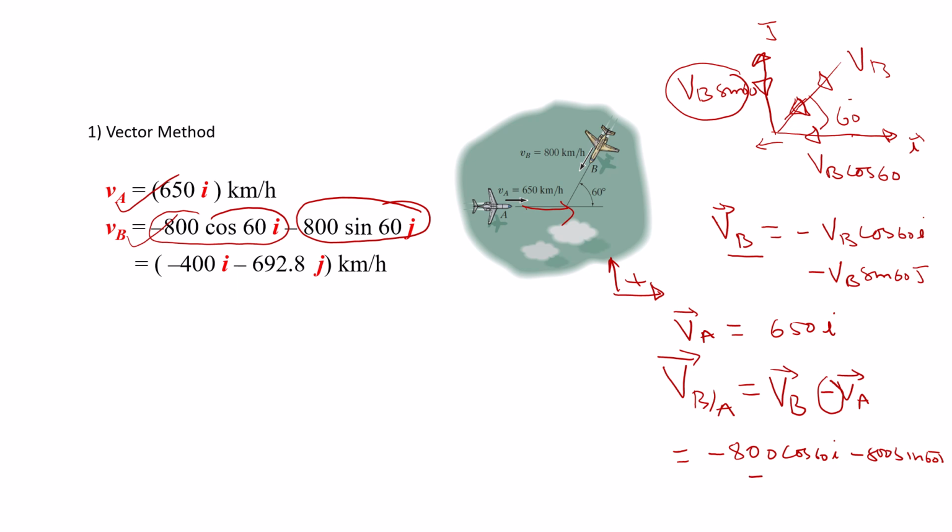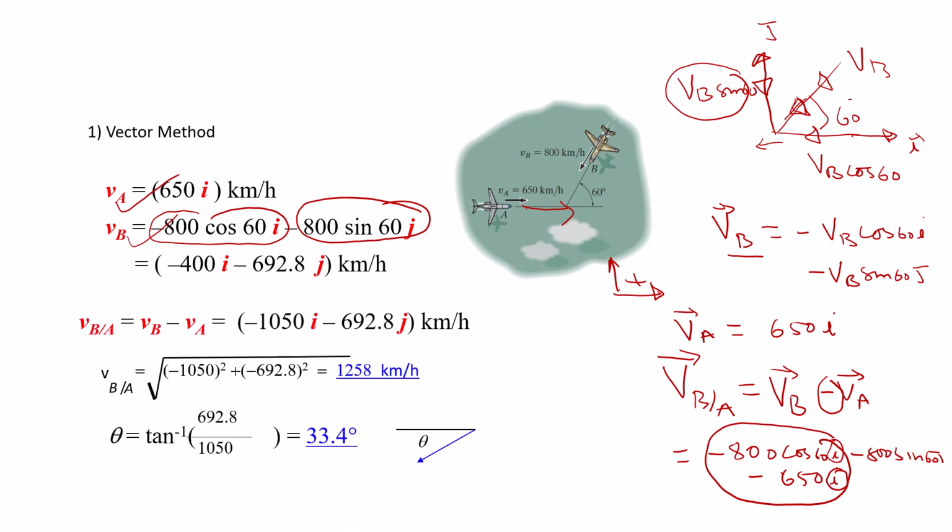And then VA is 650 I. Now you need to add together the I terms, and if there was another J term, you could do similarly. In this case you have two I terms, and if you do the math, this is what you get. So you have a VBA whose I component is in the negative direction, 1050, and the Y component is 692.8.